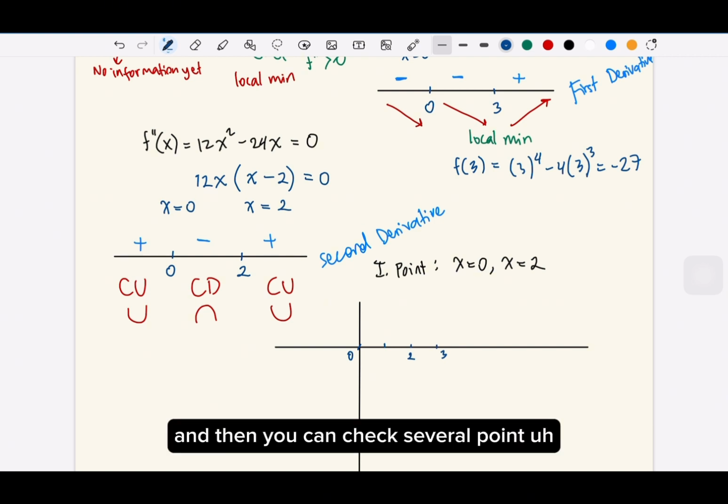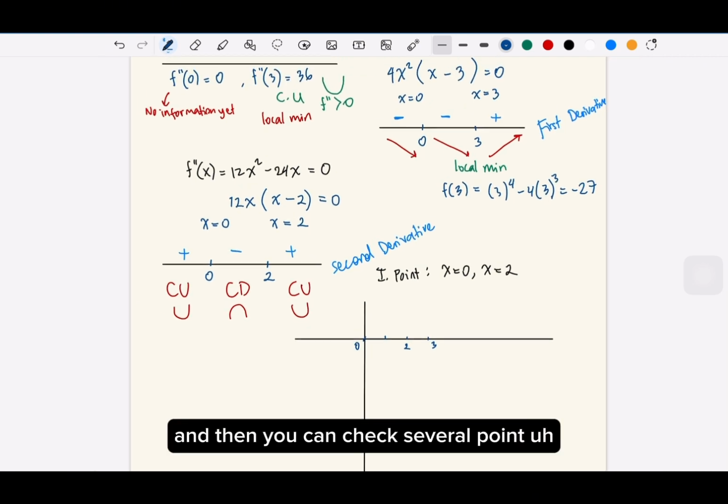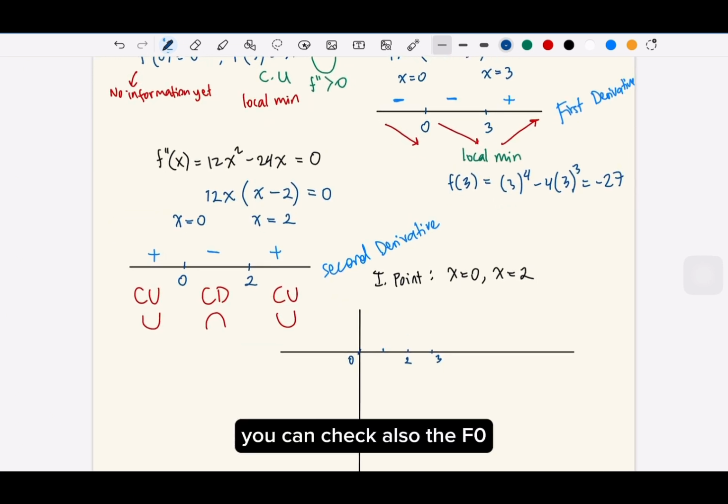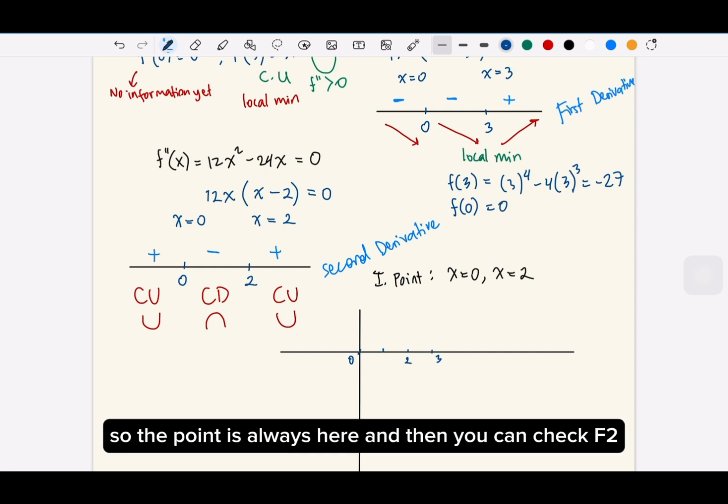And then you can check several points. You can also check f(0), but I think f(0) will be 0, right? So the point is always here, and then you can check f(2).